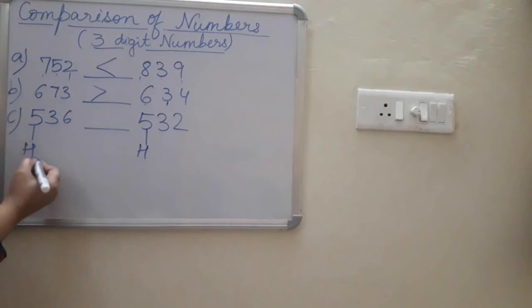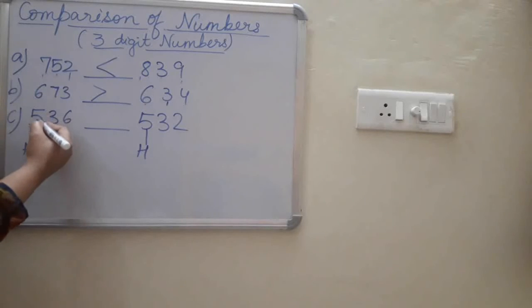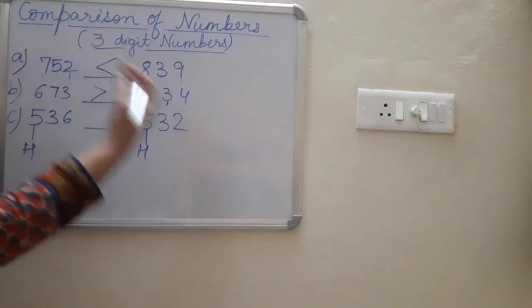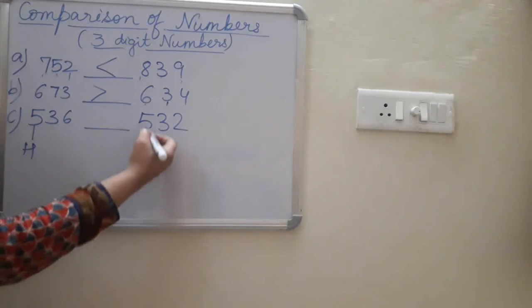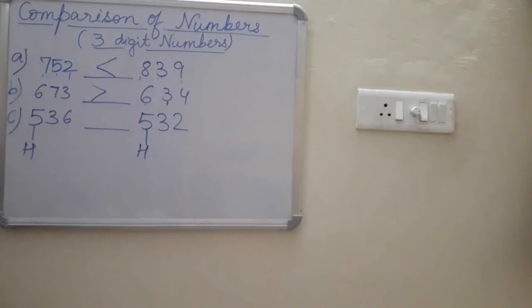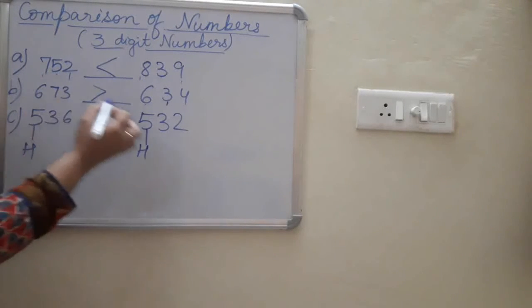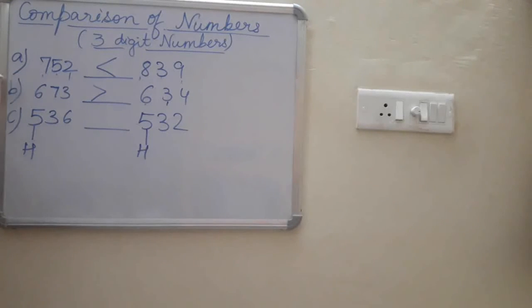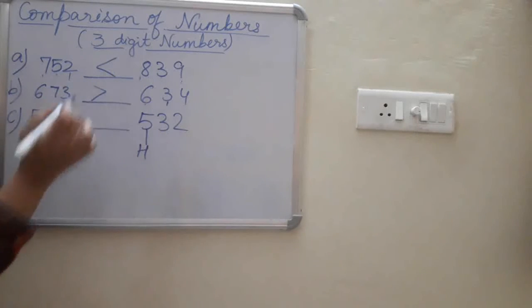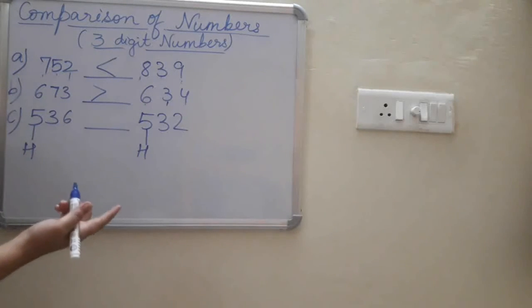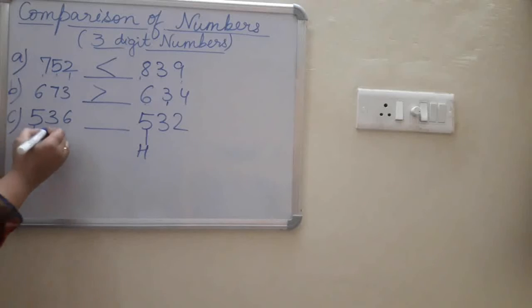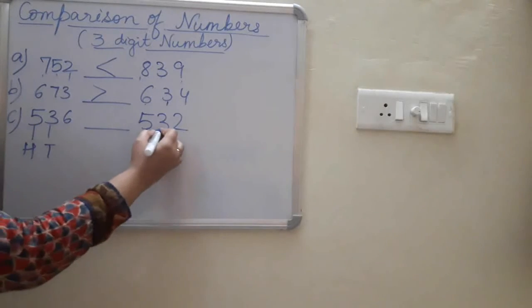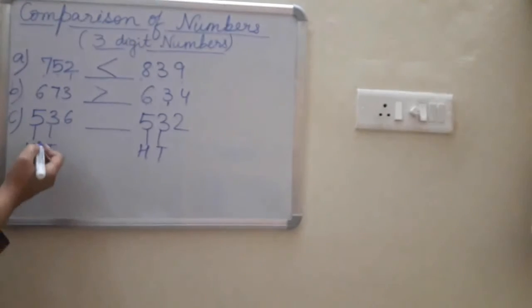As you can see, here the digit at hundreds place is 5, and there also the digit at hundreds place is 5. As you can see children, in both the cases 5 and 5 both are same. So as I told you in this B part, whenever the digit at hundreds place is same, our next step is to check the digit at tens place. So now let us look at the digit at tens place.